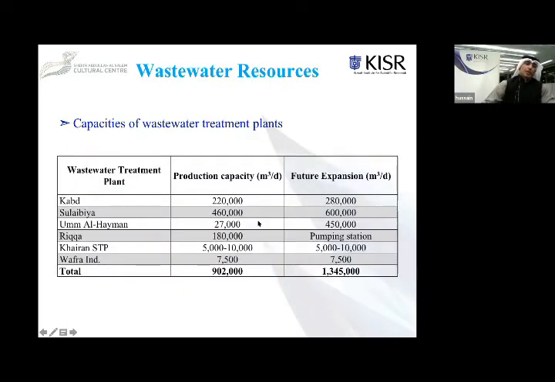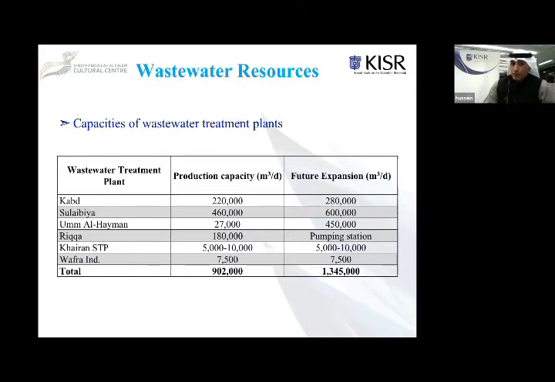Of course, as of today, roughly, we have about 902,000 cubic meters per day generated as treated wastewater, and the future expansion will increase to reach 1,300,045 cubic meters per day. You can see current capacity is 2020, and will be expanded to reach 280,000.